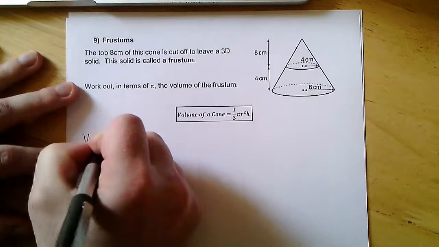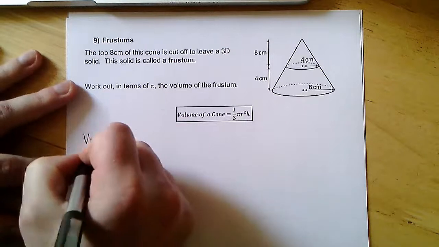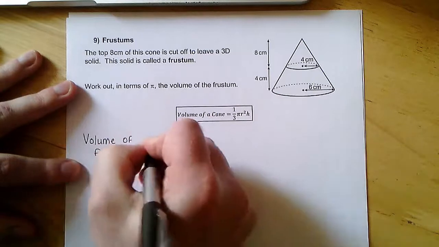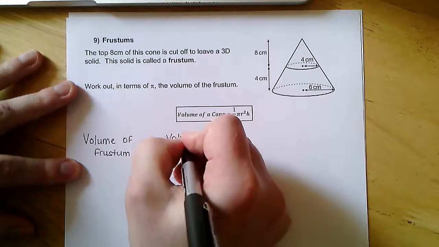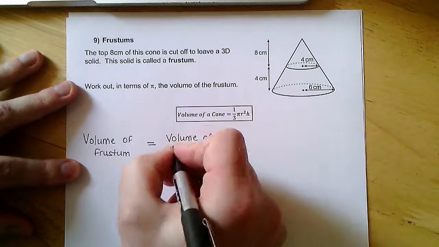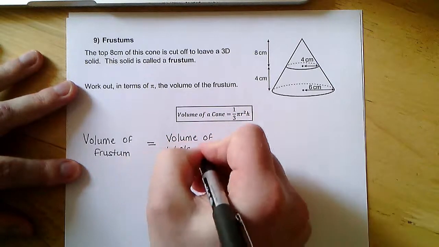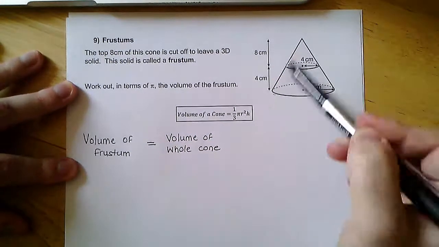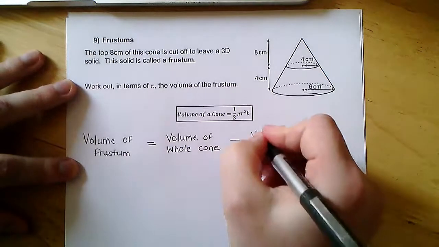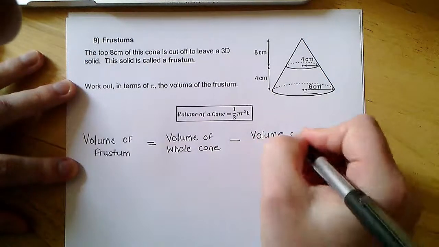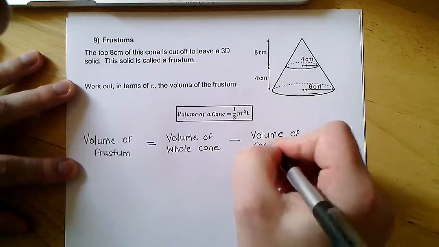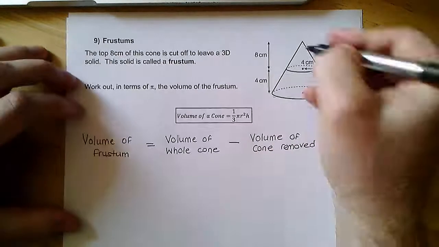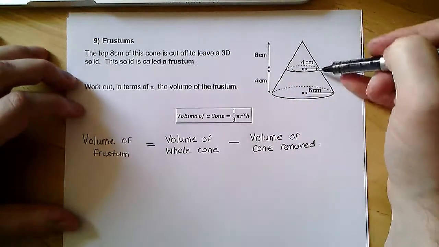So the volume of a frustum is equal to the volume of the whole cone, in other words, all of that, subtract the volume of the cone removed. In other words, that cone there.